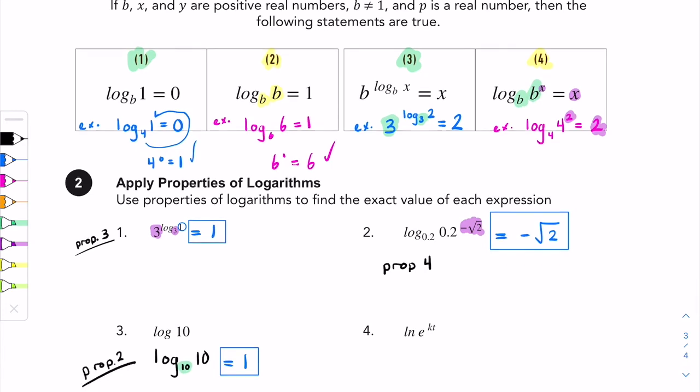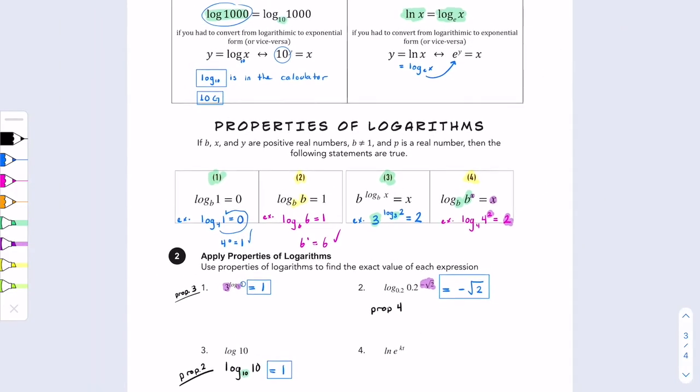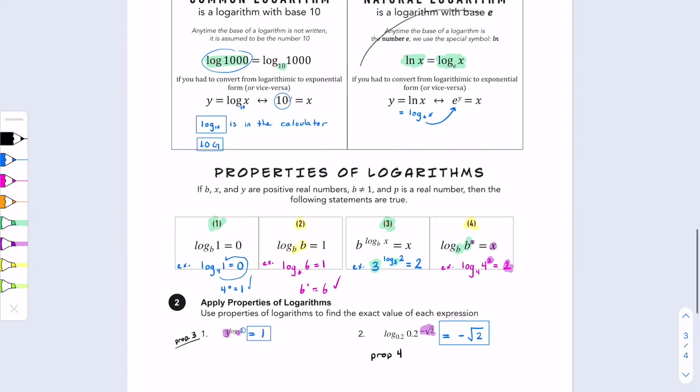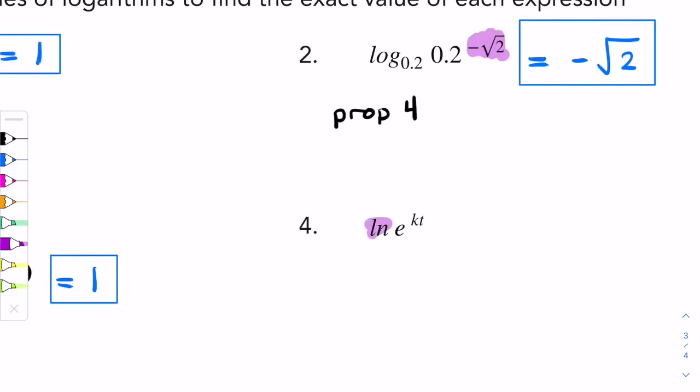And lastly, we have number 4, which is ln of e. Anytime you have ln, you can rewrite ln. I'm going to just zoom out right up here. The natural log. The value of ln is the same thing as log base e. So I can rewrite this term as log base e of e raised to the power of kt.